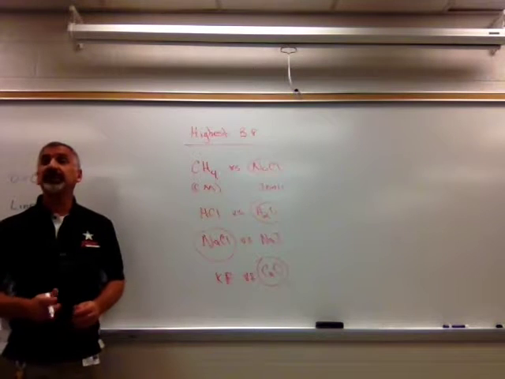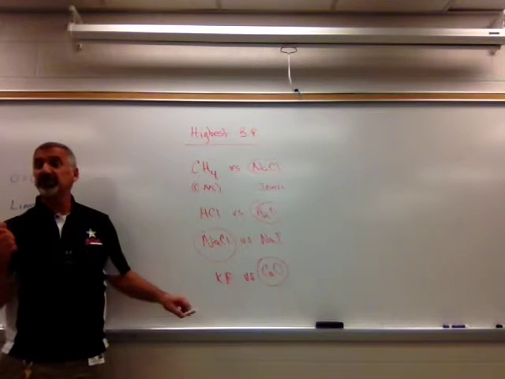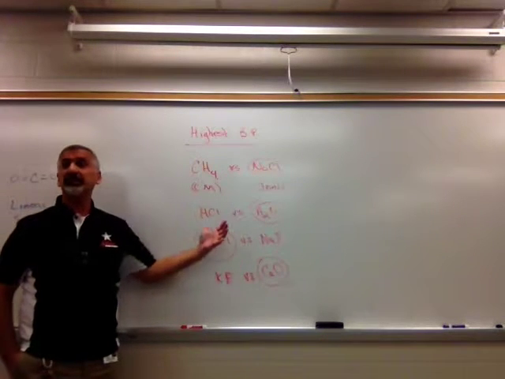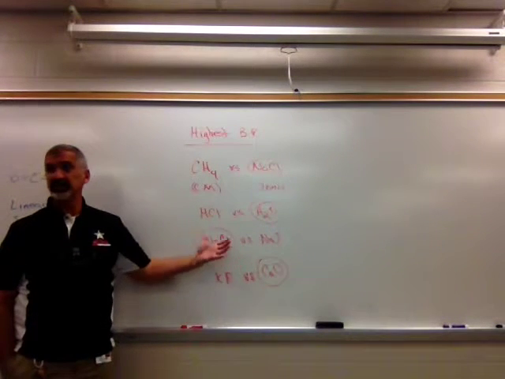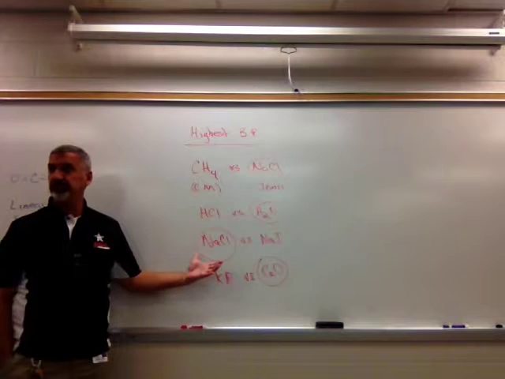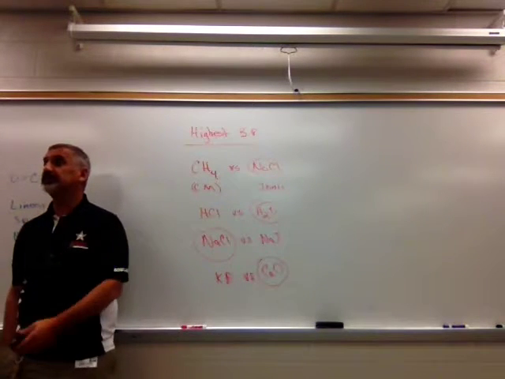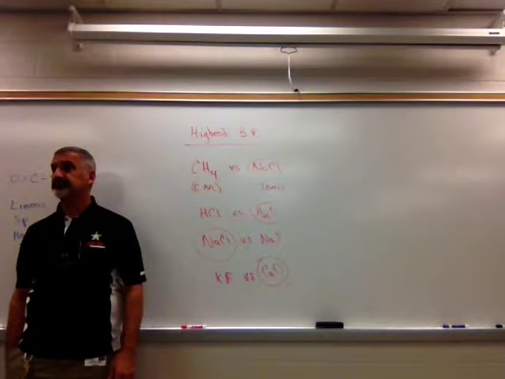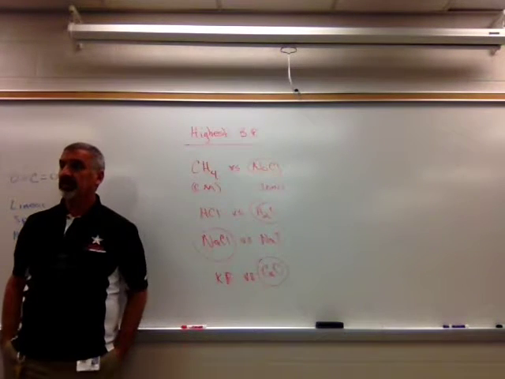Okay, so we should be able to identify solubility. We should be able to identify differences in melting points. Again, remember, ionic always trumps covalent because of much stronger attractive forces. So covalent, you think it's going to apply how many electrons?